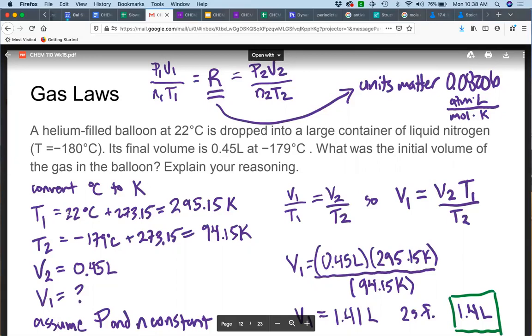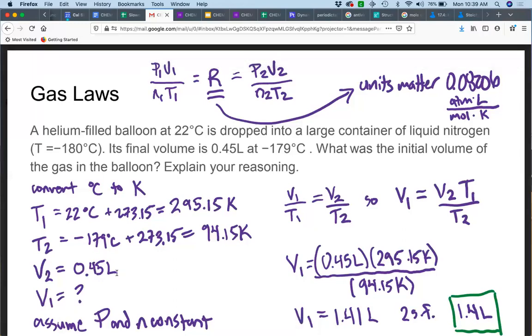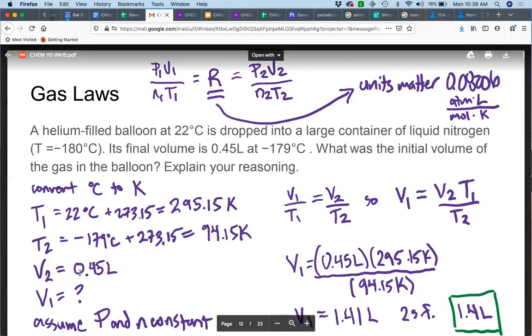So we're going to convert to Kelvin for our initial temperature. We're going to convert to Kelvin for our second temperature. Note, this is some additional information that's not necessary to solve the problem. And then we're going to make sure that we have the other pieces of information from the problem, our 0.45 liters, and we're solving for V1. Now you might be thinking to yourself, okay, well, what about the pressure and what about the moles?